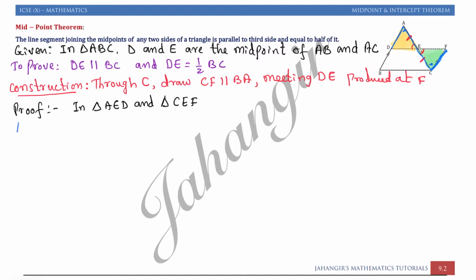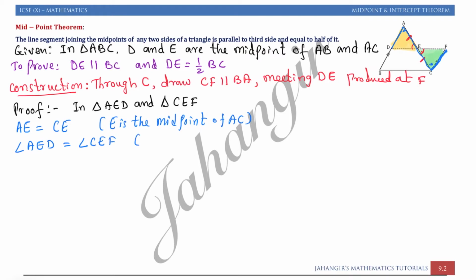So I can write AE is equal to CE, because E is given as the midpoint of AC. Second, we get angle AED is equal to angle CEF, vertically opposite angles. Third, we can write the alternate angles, angle DAE is equal to angle FCE, alternate angles.